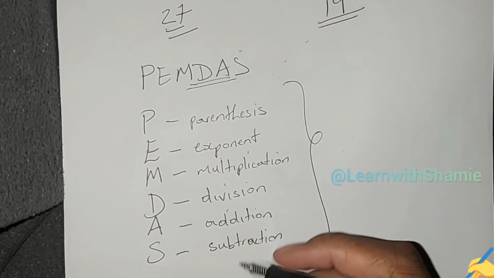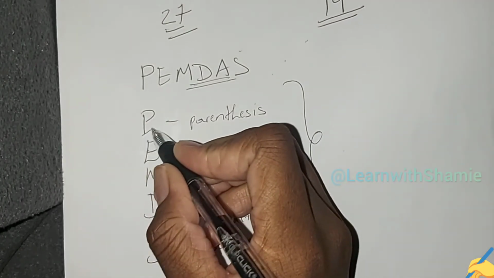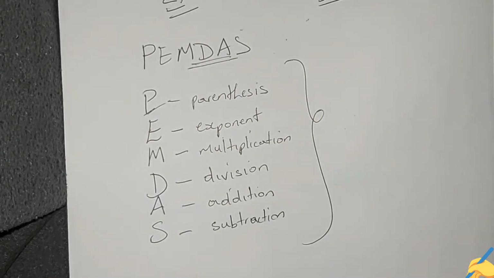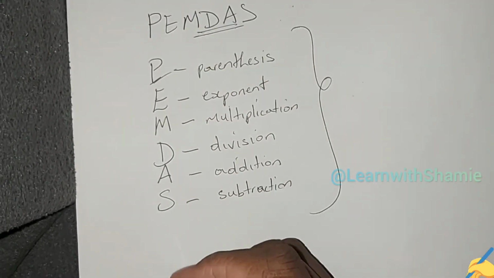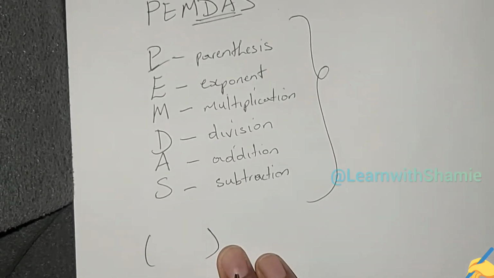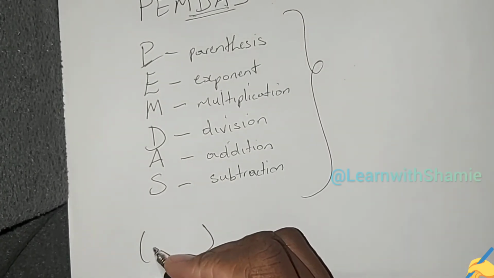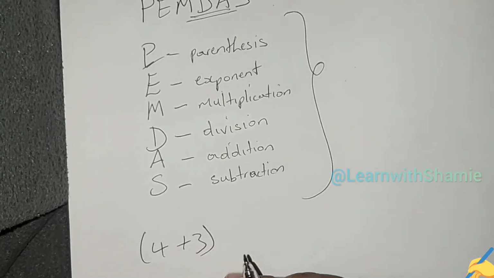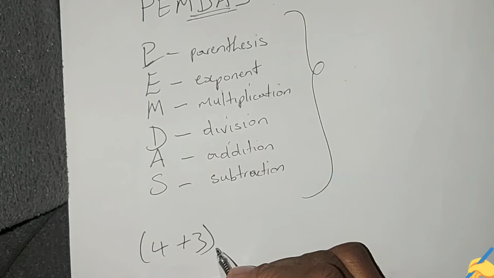So the first rule is parentheses. Some people might be wondering what parentheses are. Parentheses are symbols. So these are parentheses. And when we put an equation between them, it forms a group.